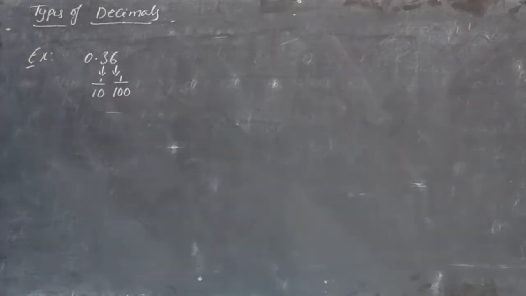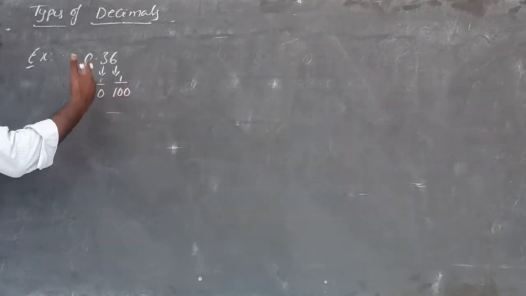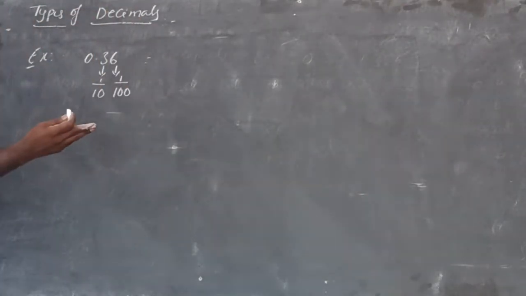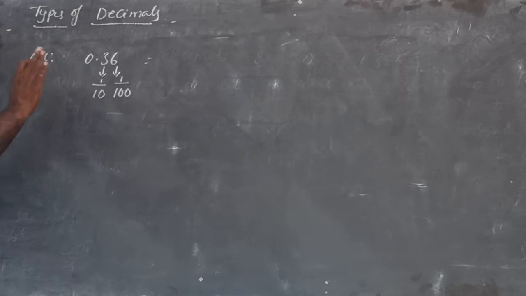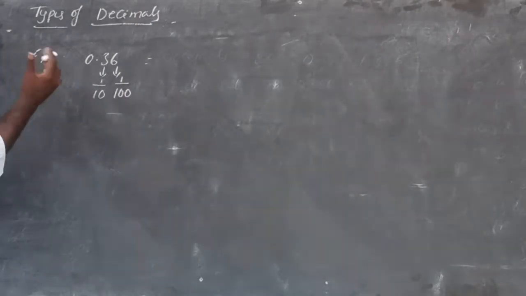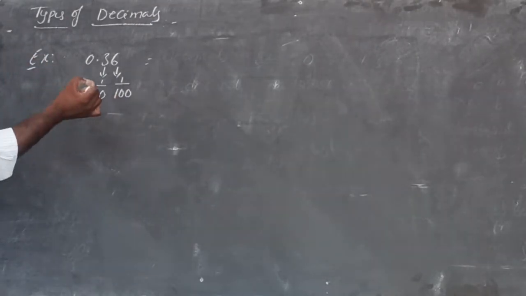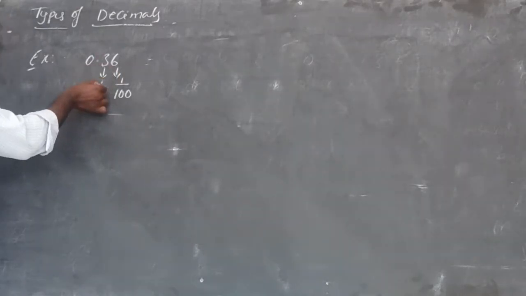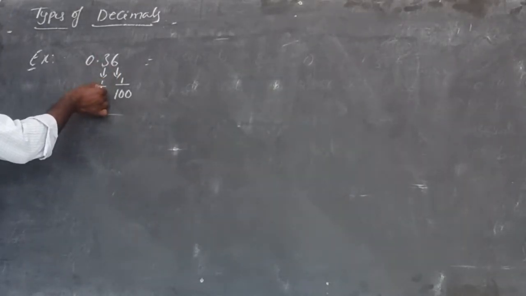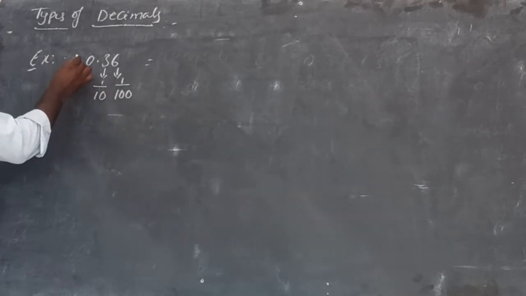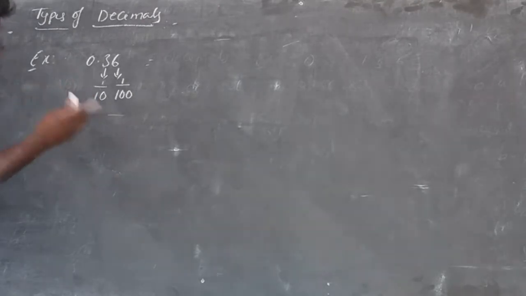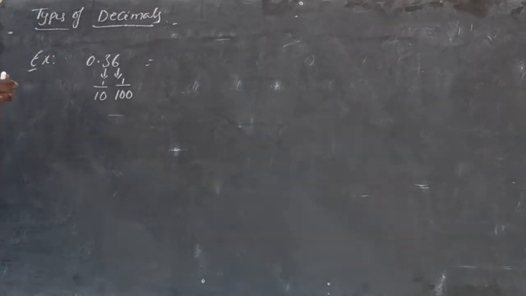So how can we write it in p by q form? By using expanded form. Expanded form means the sum of the product of place value and face value. Place value of a digit means in which place the digit is occupying. That is called place value. Face value means the value of the digit itself. That is called face value.